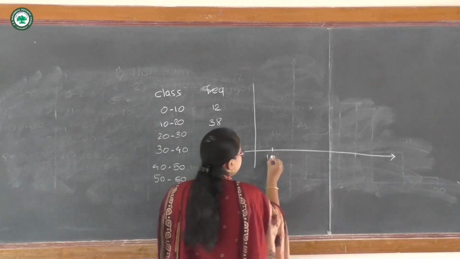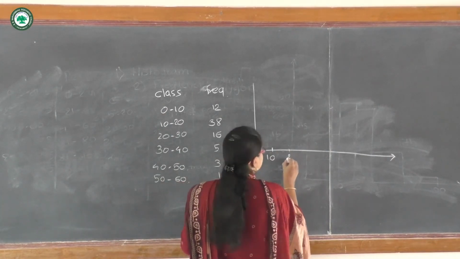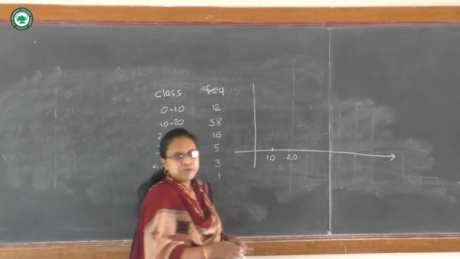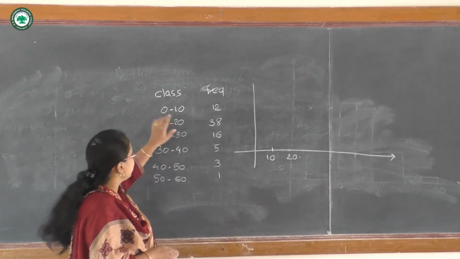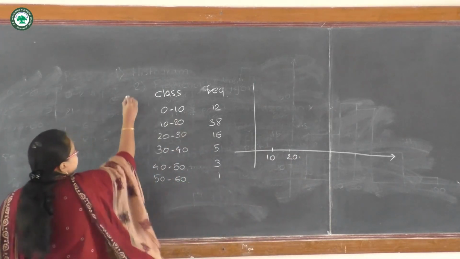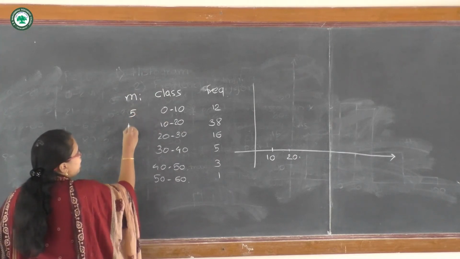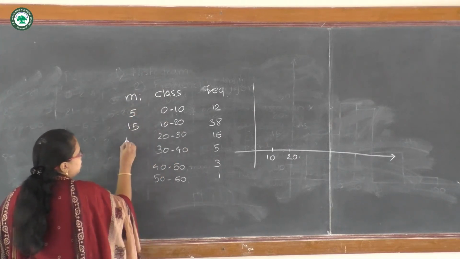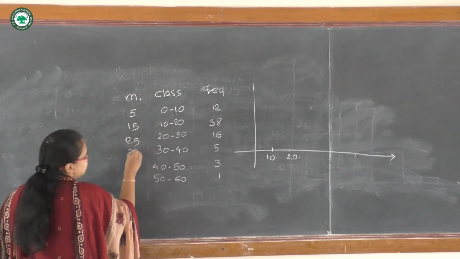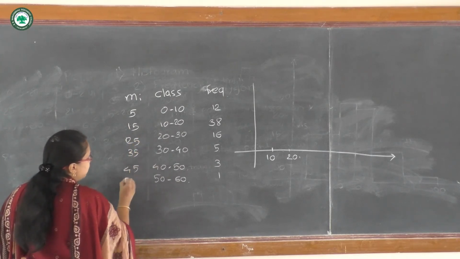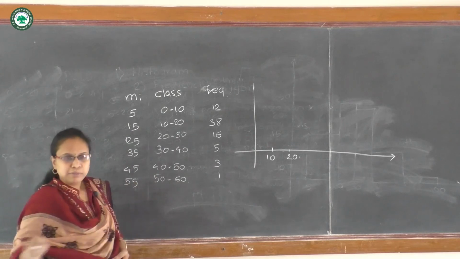So 10, 20. Here we can see the midpoints. The midpoint for these classes, I will denote by MI. So the midpoints are 5, 15, then 25, 35, 45 and 55. So these are the midpoints.